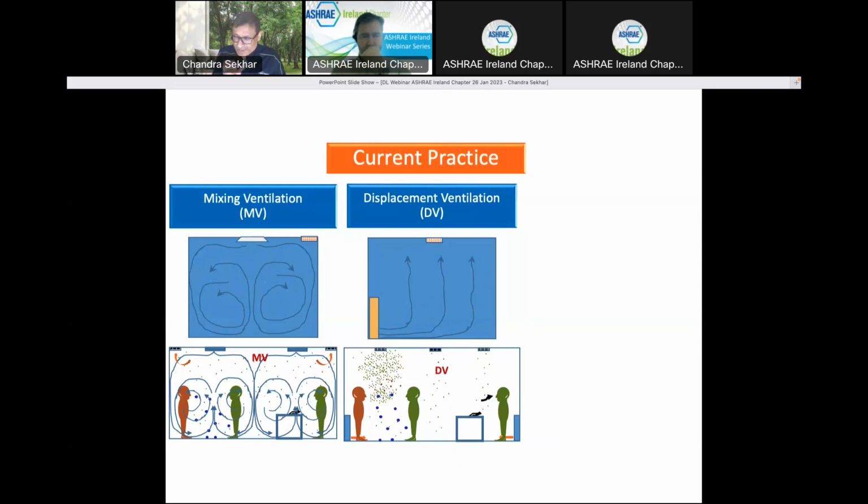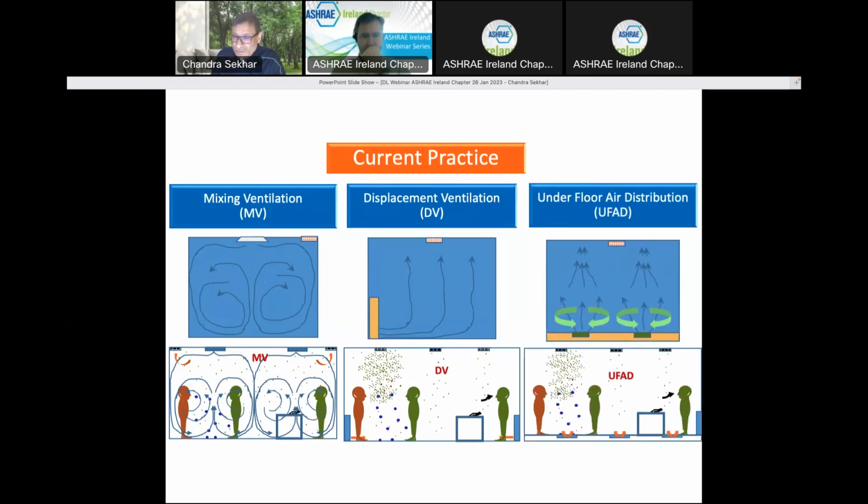So you can see that, if designed properly and operated properly, we can make use of displacement ventilation strategy or even underfloor air distribution strategy to help us remove the contaminated air, the exhaled air from the infected person. There are concerns if it doesn't work properly.